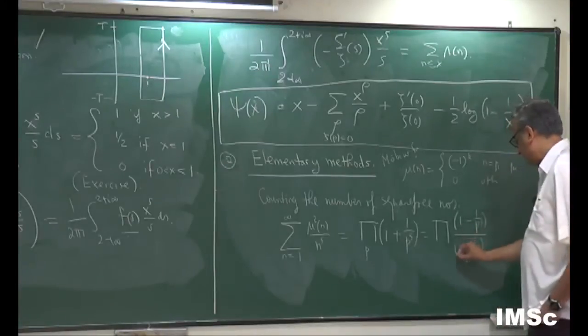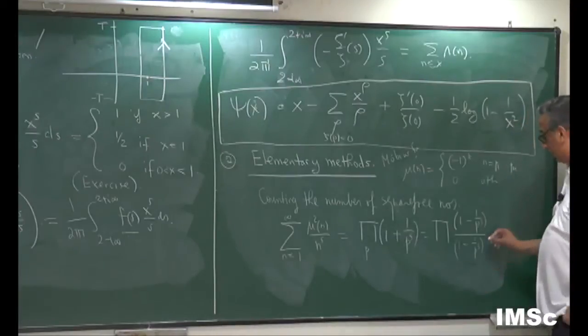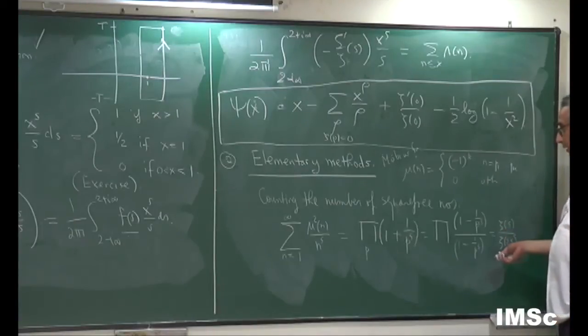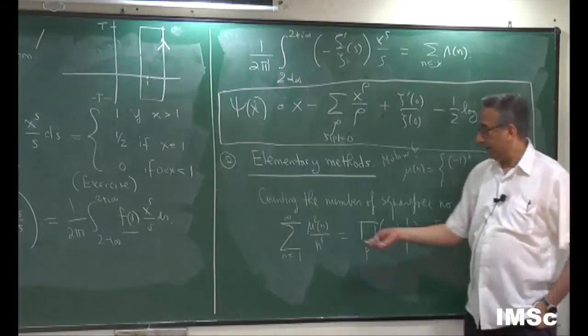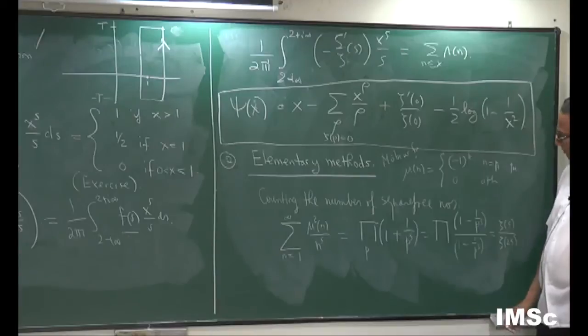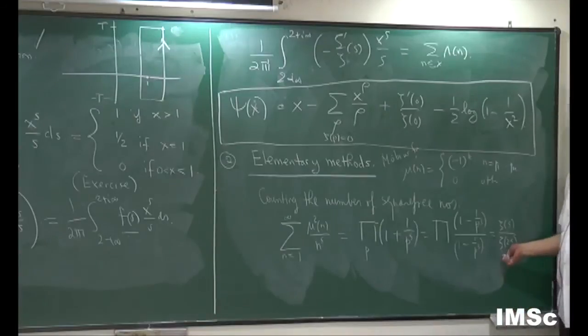So this is zeta s divided by zeta 2s. In other words, if I look at the Dirichlet series associated with the characteristic function of the square free numbers, I have a nice expression for it in terms of the Riemann zeta.